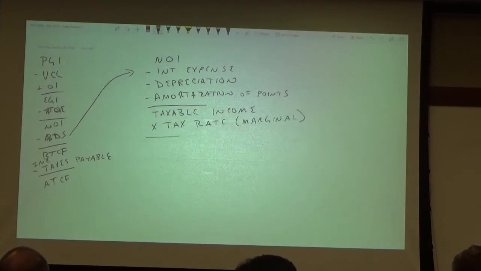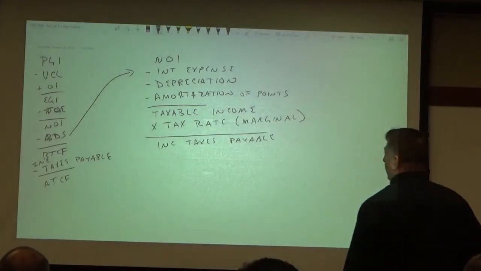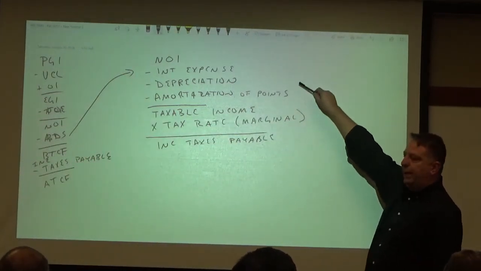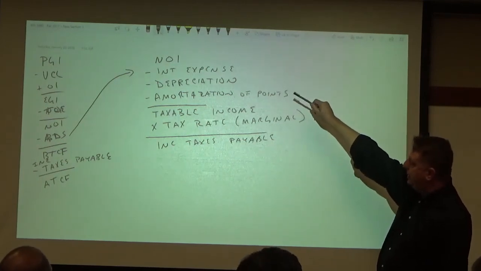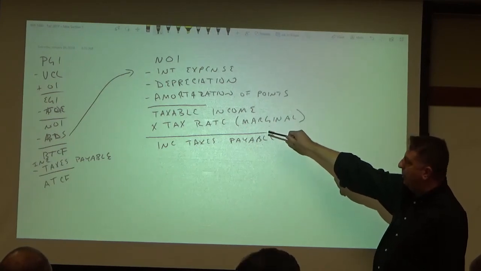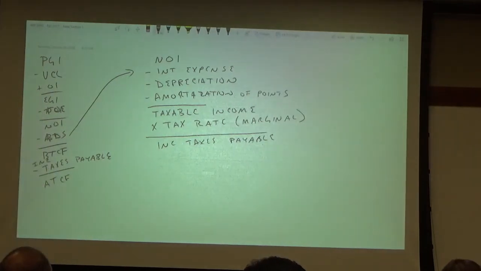And that is going to give us our income taxes payable. So the point that I'm trying to illustrate here is this whole little subroutine of sorts: NOI minus interest expense minus depreciation minus amortization of points to get our taxable income, multiply by our tax rate to get our income taxes payable. All of that is done so that we now have that number. Does that make sense?